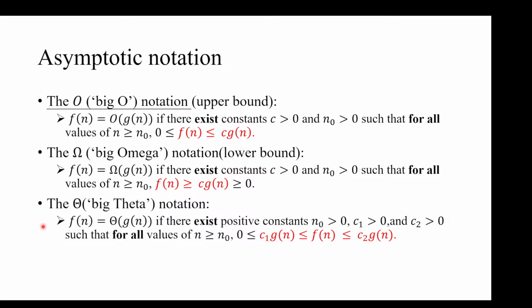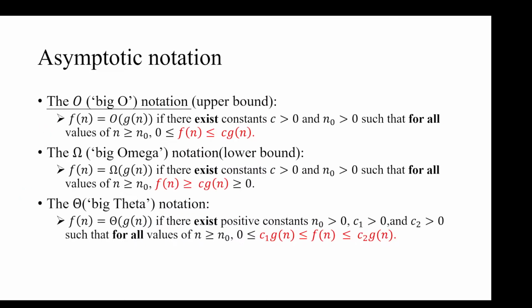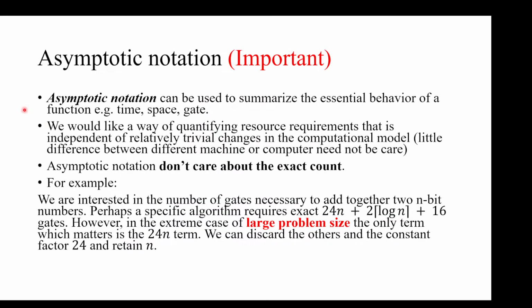Here are some misuses people make with big O notation, which are a little annoying. First, people misuse big theta and big O. When you see this expression, 24n plus 2 log n plus 16, people will say this is O(n), and that's not wrong, because this expression is actually big O(n).